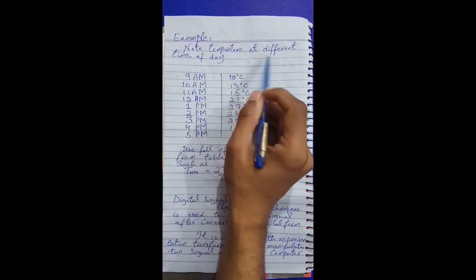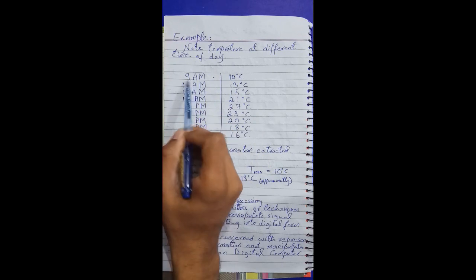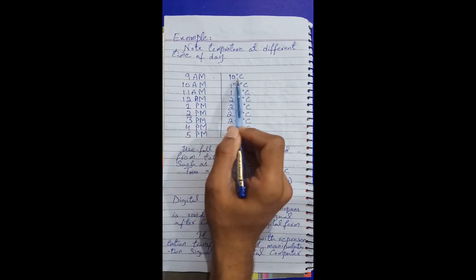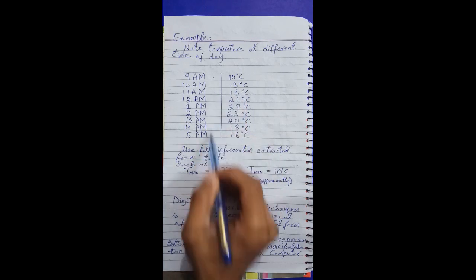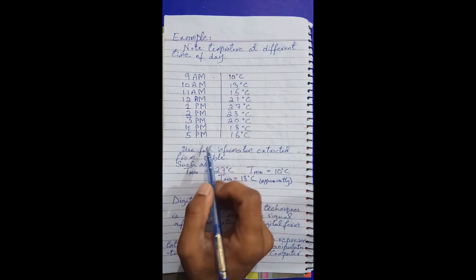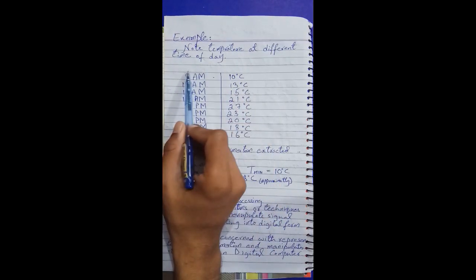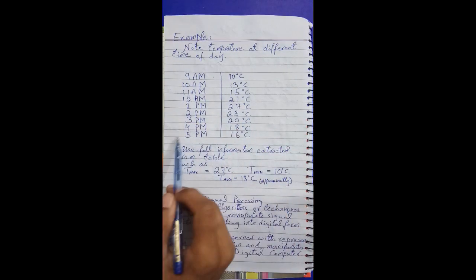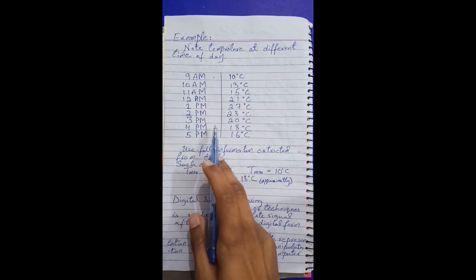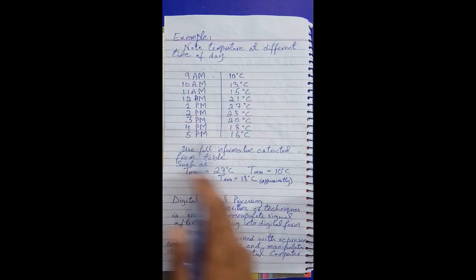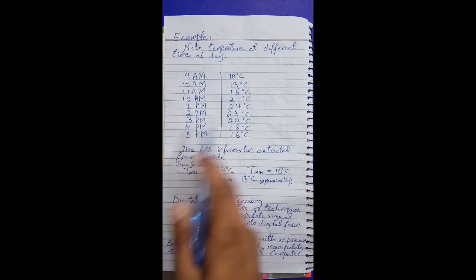We have noted the temperature at different times of the day, such as at 9 a.m. we have 10 degrees centigrade, at 10 a.m. 13 degrees centigrade, and so on. This data is not useful as it is, because if anybody asks what the temperature is, we cannot use the whole table.